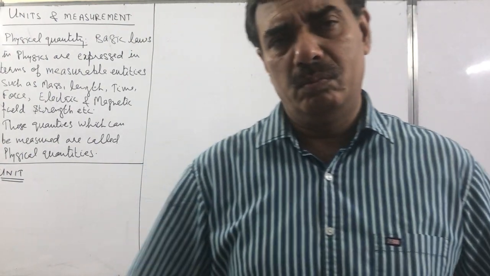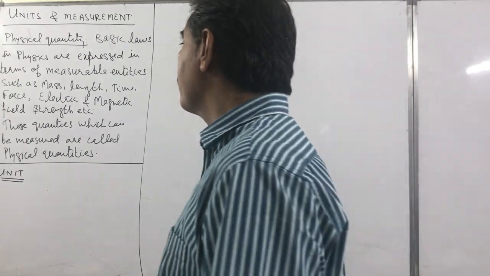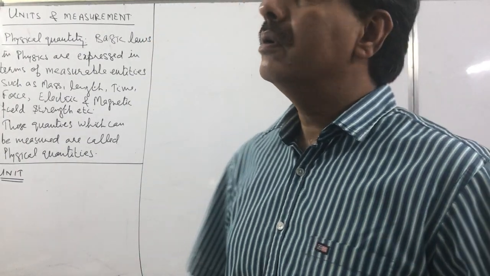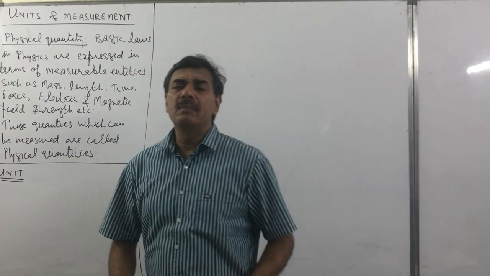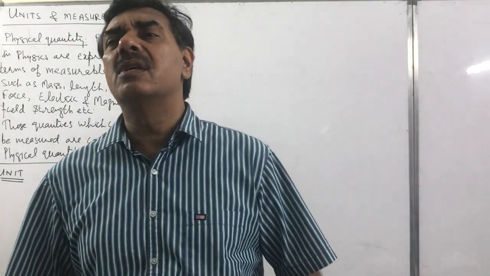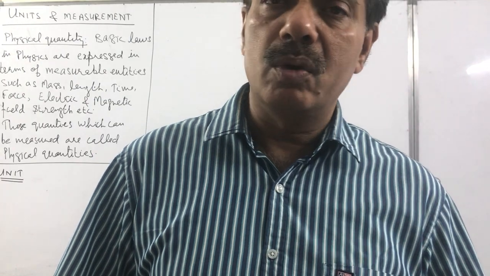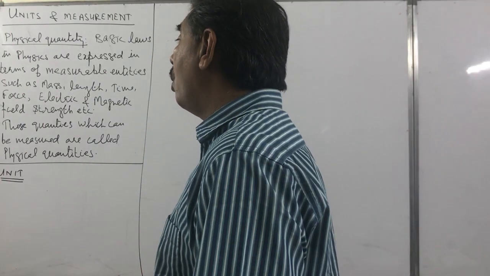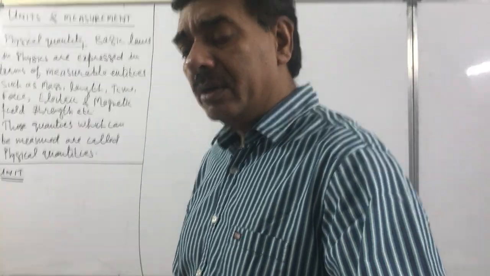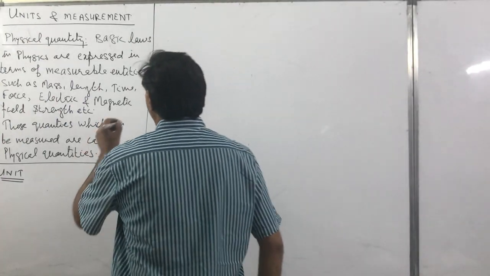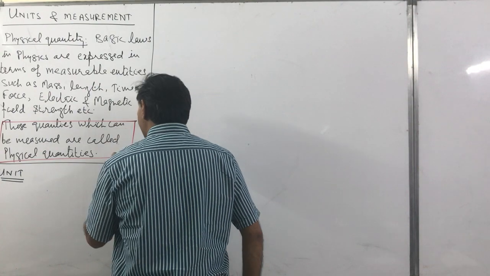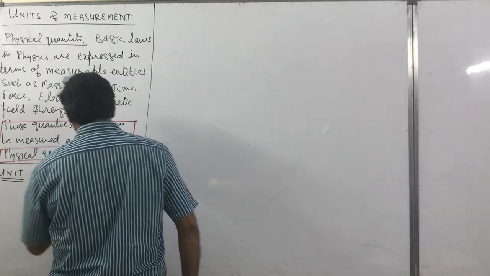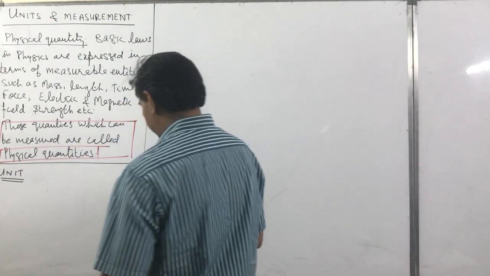Entity is also some quantity only. We can study the laws of physics in terms of mass, length, time, force, electric field, charge. There are so many other things. All these quantities which can be measured are called a physical quantity.